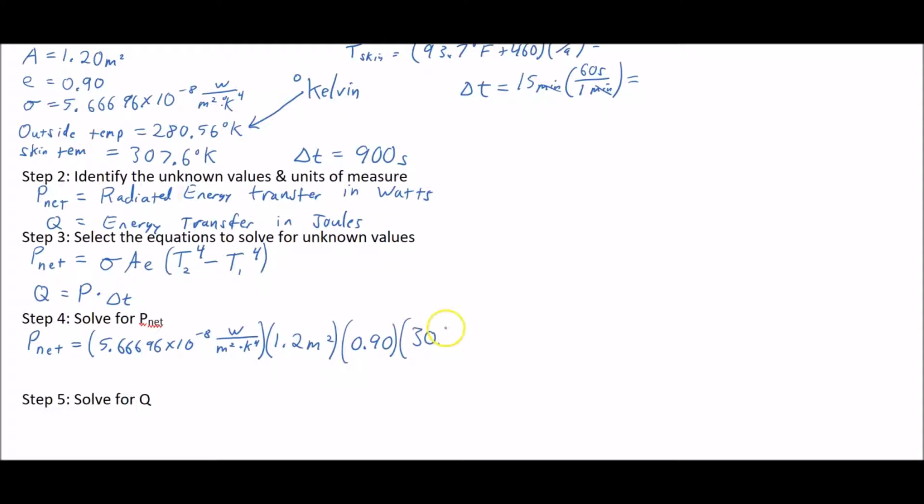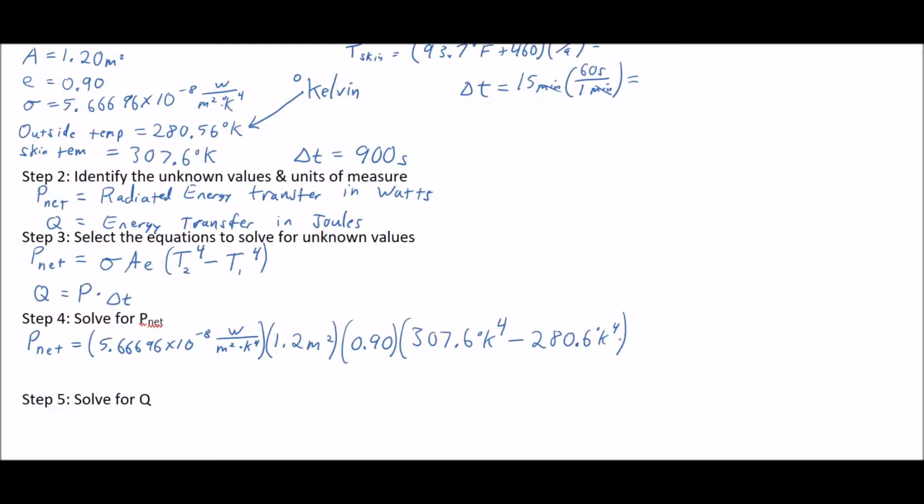I like to get positive numbers here. So 307.6 degrees Kelvin to the fourth minus 280.6 degrees Kelvin to the fourth. Okay, and you have to be very careful how you plug it into your calculator here.